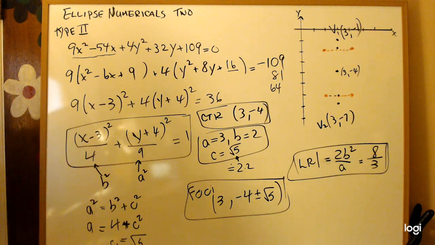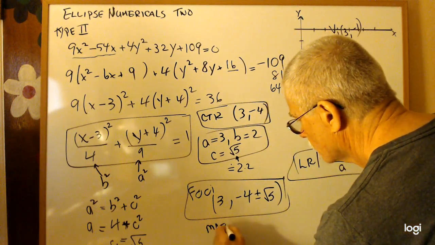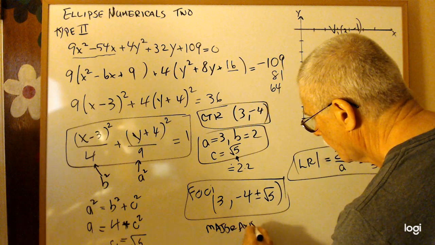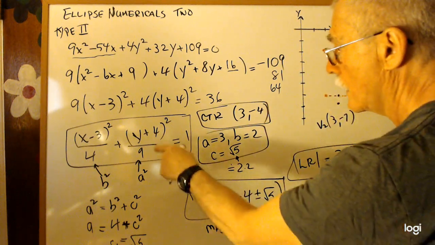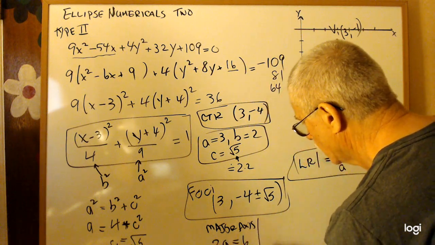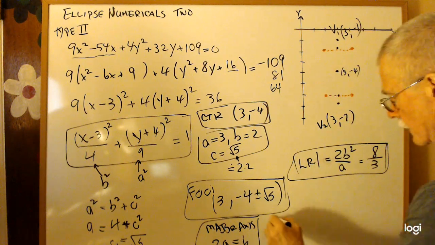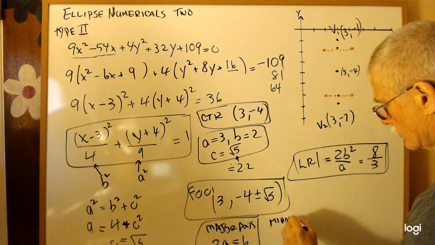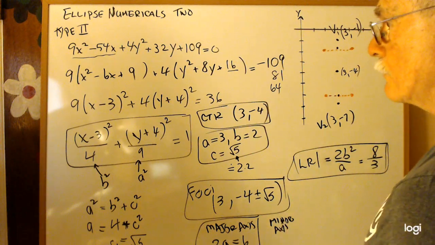Now, the other thing which we didn't do is plot the endpoints of the minor axis. In fact, let's write that down. So the major axis has length 2a. a is 3, so 2a is 6. We've already got those. Those are called the vertices. And the minor axis, we use the b. b is 2.